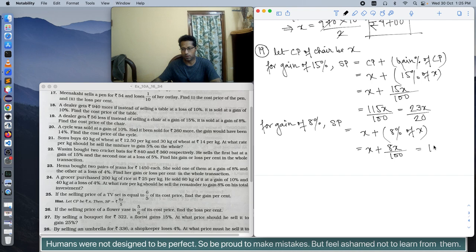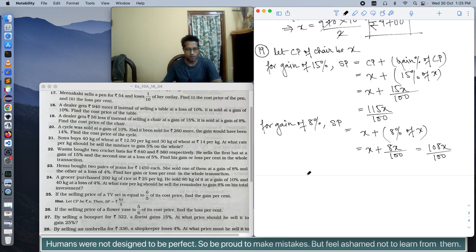This is equal to 108X by 100. Let this be 108X by 100, and also let the selling price when there is a gain of 15% be 115X by 100. Okay, so we have this.